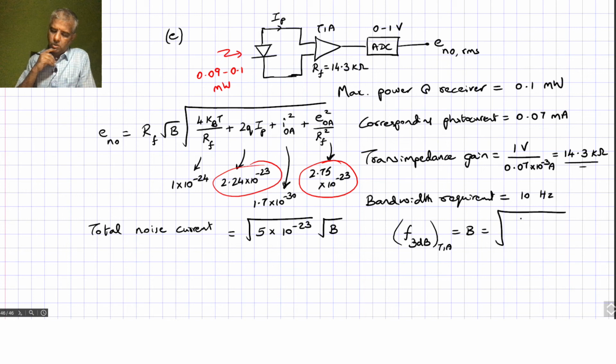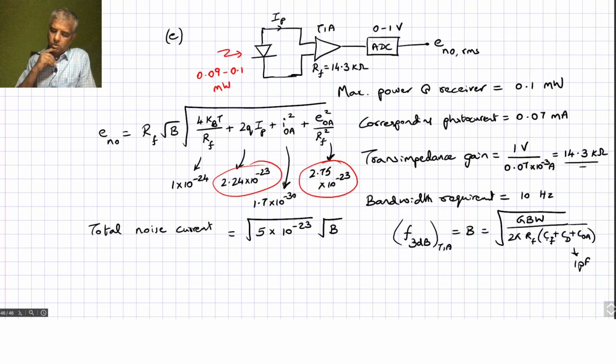That corresponds to the square root of the gain bandwidth product divided by 2 pi RF, times the capacitance contributions, CF plus CD plus C op amp and all that. Now, CD, C op amp and all that, let us say that is typically in the order of 1 picofarad. So that is fine.